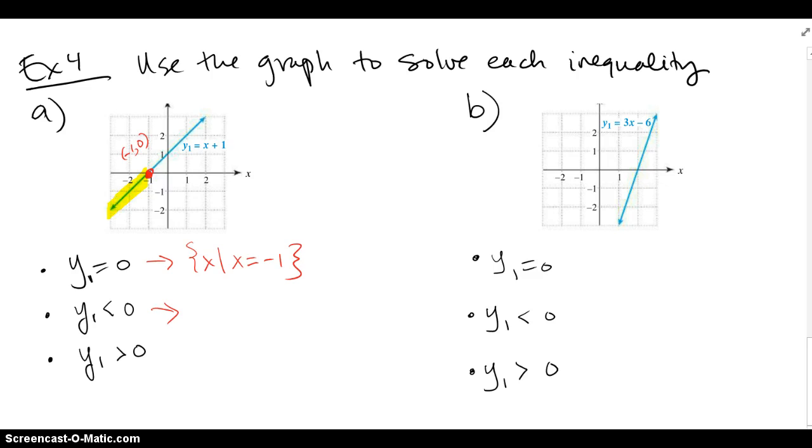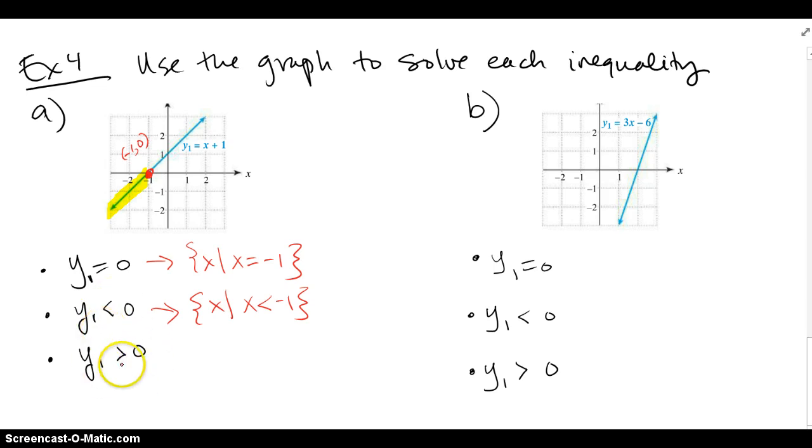So what x values qualify for those y values? Well, if I look up at my x-axis, anything to the left of -1 gives me those negative y values. So x such that x is less than -1, the borderline in other words, is going to give me all the y values that are less than 0.